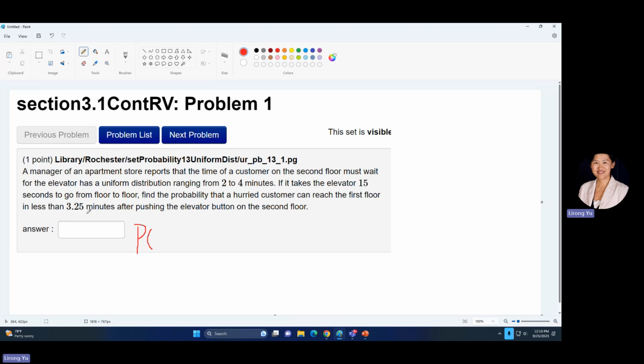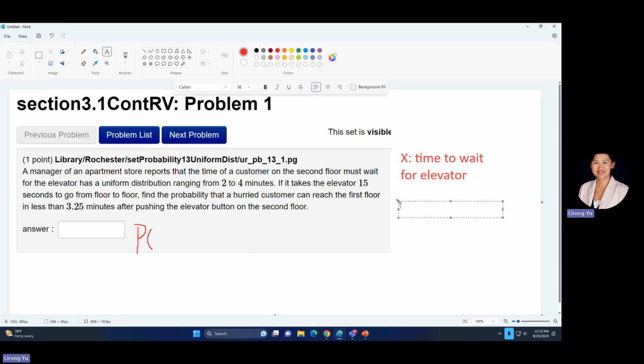So we will have to add 15. So if we think about the time, it's like 2 different times. One is the waiting time, X, the time to wait for the elevator.